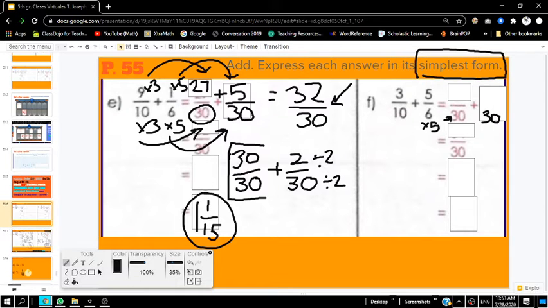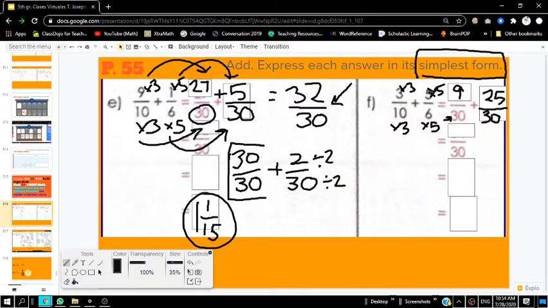So I'm going to multiply 6 times 5 to give me 30. And I can do the same thing on the top. 5 times 5 is 25. And since I multiplied 10 times 3 to get 30, I'm going to also multiply 3 times 3. 3 times 3 is 9. Now what I have, boys and girls, is 9/30 plus 25/30.